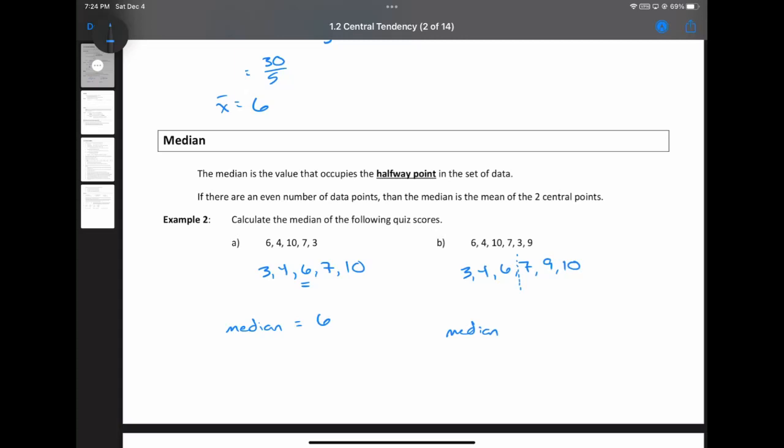So halfway between 6 and 7 is 6.5. And that's it for that. So if there's an odd number of data points, there will be a central one. That's our median. If there's an even number, it will be between the central 2 numbers. In this case, half of 6 would be 3, so it's going to be halfway between 3 and 4.